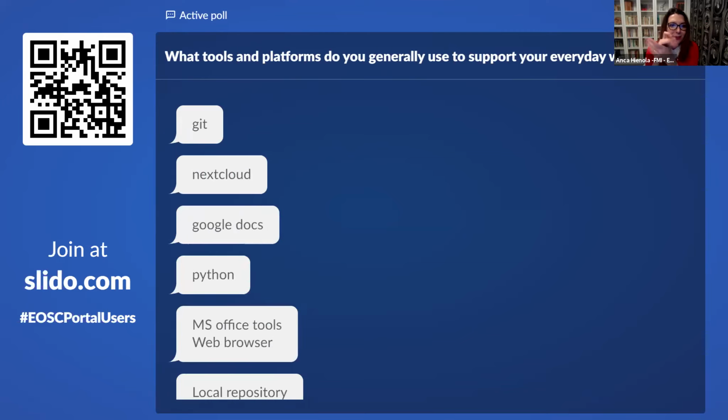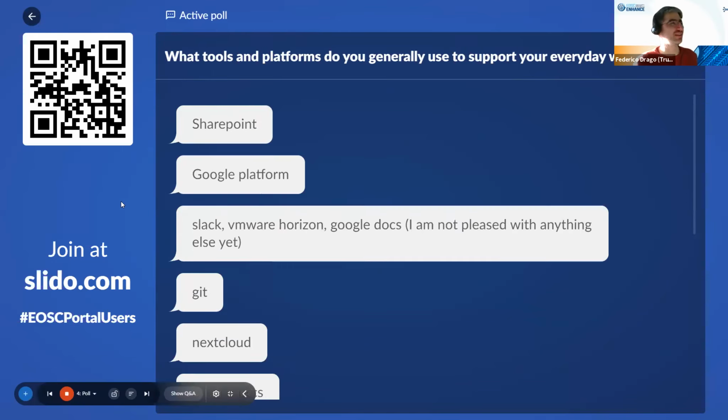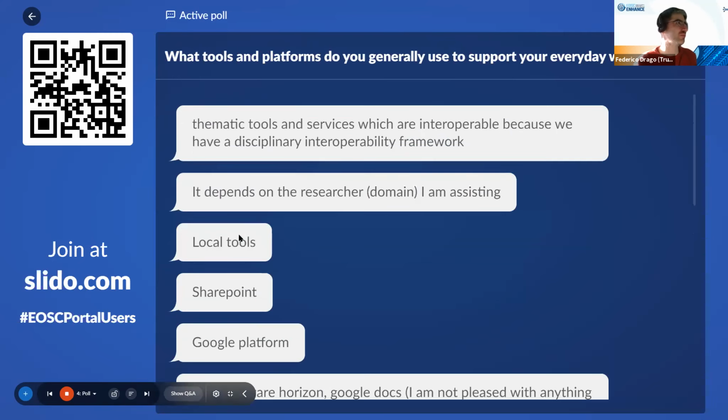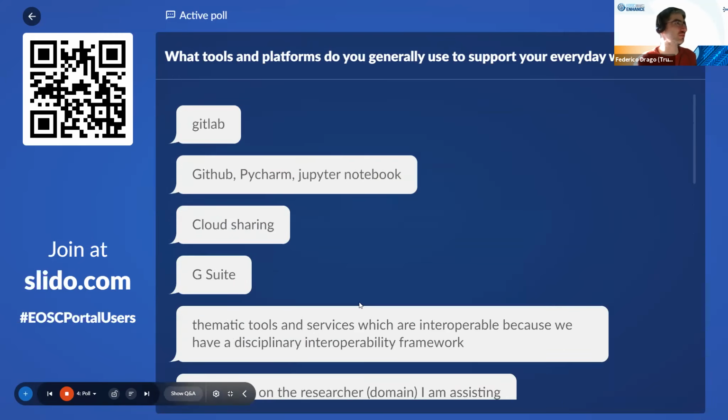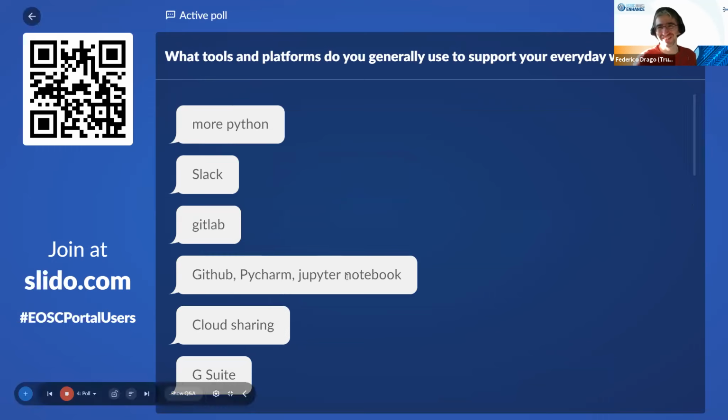Hey, Python. Here we have a few of the things that we all use. So there's Slack, Google, of course, Nextcloud. So lots of these tools that we're almost forced to use because of the absence of this almighty tool you were mentioning.